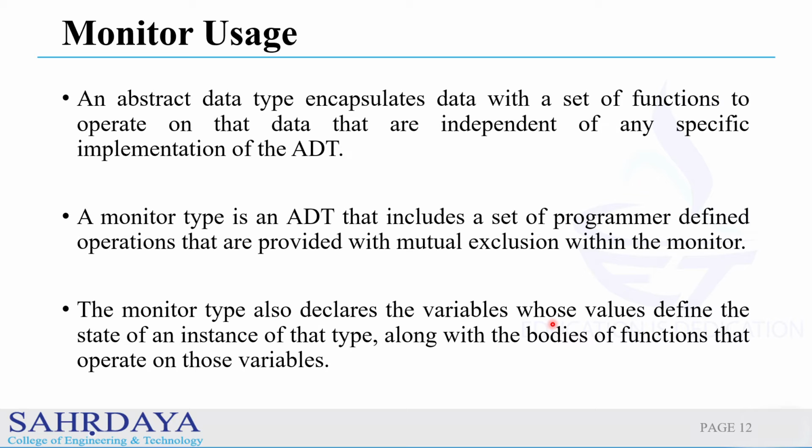That is basically a monitor data type. A monitor type also declares variables whose values define the state of an instance of that type, along with bodies of functions that operate on these variables. I believe this slide is clear, self-explanatory.